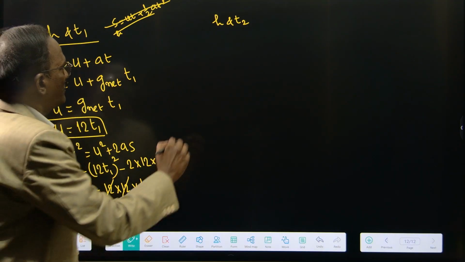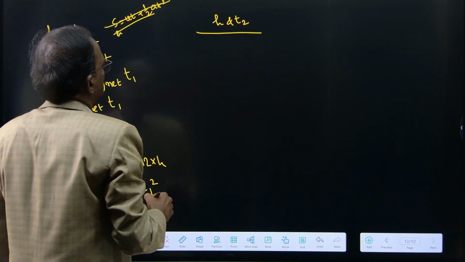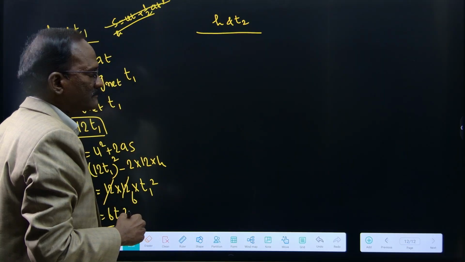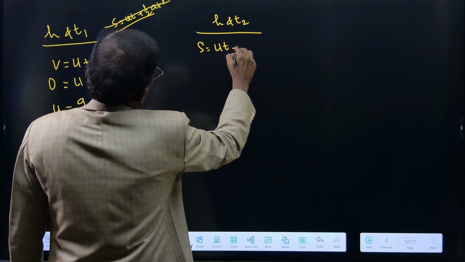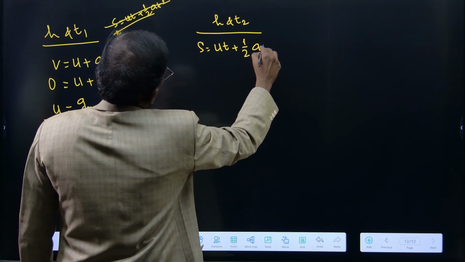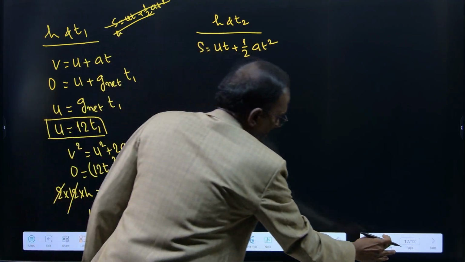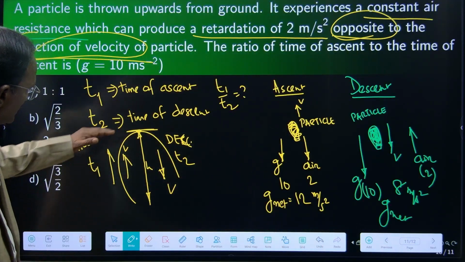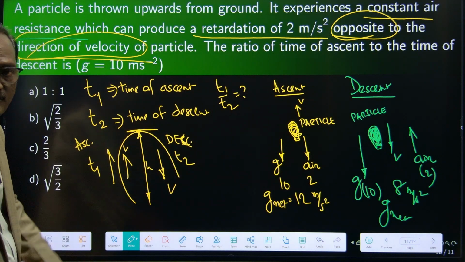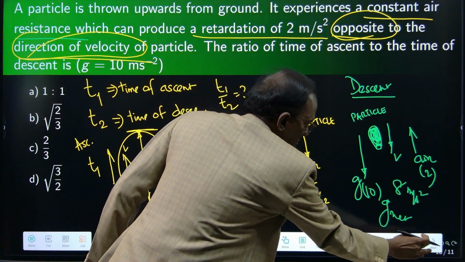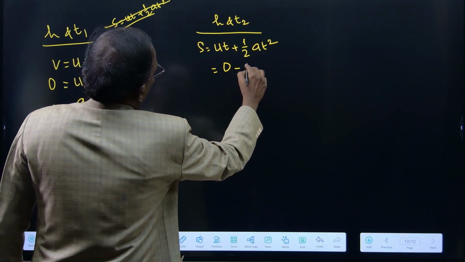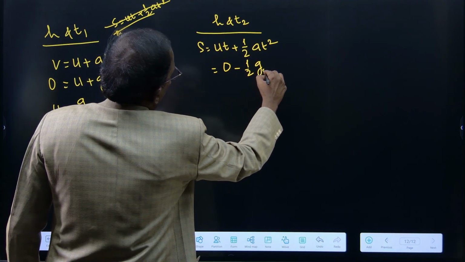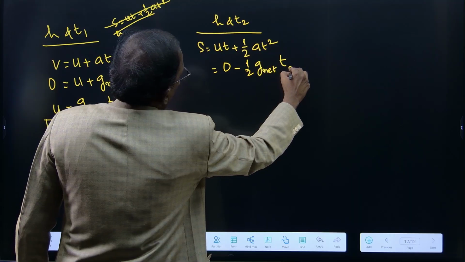Similarly, for the descent part, here we can use S is equal to ut plus half at square. Why? During descent, this u value will be 0, so we need not have the u value here. So this is 0 minus half into G net into T2 square.